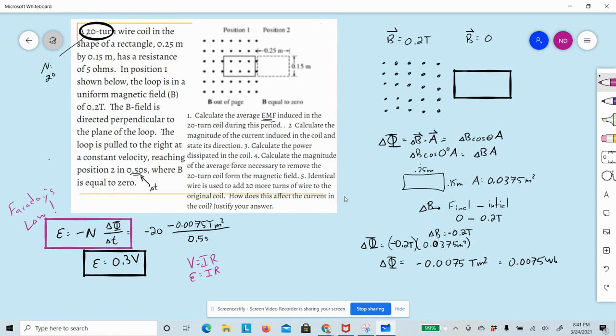We were told the resistance of the wire loop was 5 ohms. So we get 0.3 volts is equal to some current times 5 ohms. Now divide 0.3 by 5, and we get the current to be 0.06 amps.